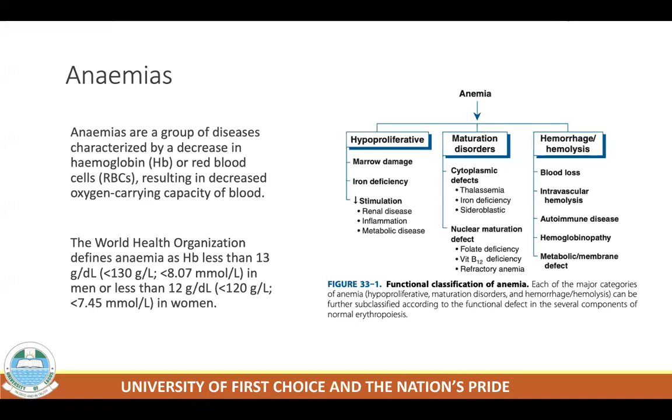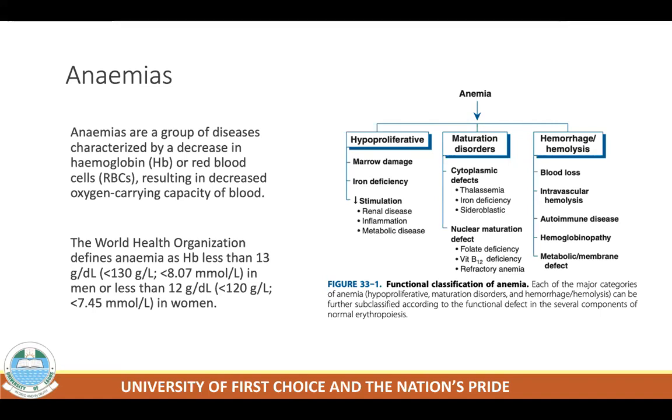A metabolic disease, for example, like diabetes, like I mentioned earlier on, can lead to anemia of hypoproliferation. And then those that affect maturation of the red blood cells, for example, cytoplasmic defects, like thalassemia, iron deficiency, or sideroblastic anemia, can lead to poor maturation of red blood cells, leading to anemia. Some examples: folate deficiency, vitamin B12 deficiency, refractory anemia as well.